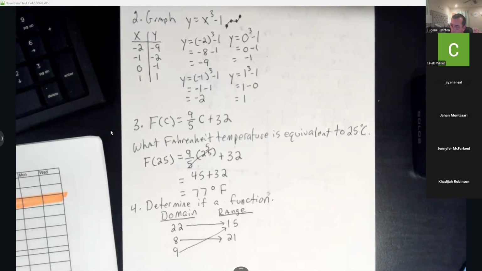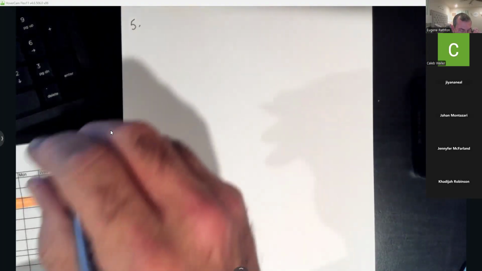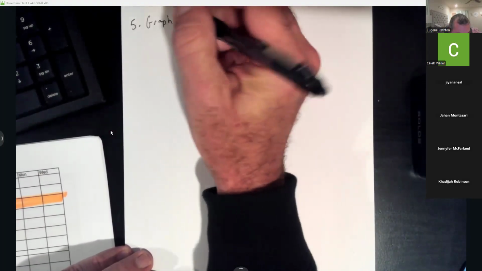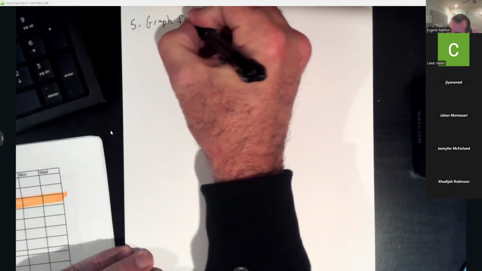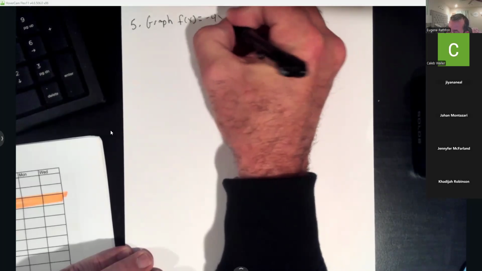All right, y'all. So looks like we got some more graphing coming up. All right, so this would be number 5. On 5, we're going to graph f of x equals negative 4x plus 2.